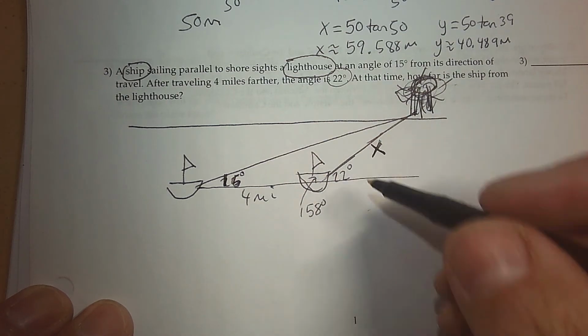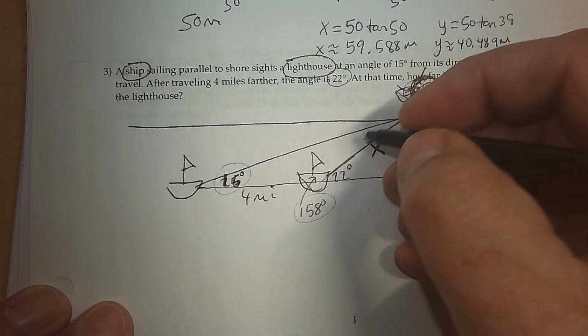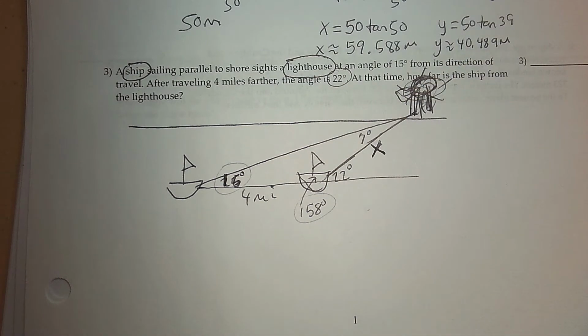And then 158 and 15, what do they add up to? Can I tell you a short way to get 7 degrees? This is a triangle property. Do you notice the angle here, 15, and this is called an external angle that's outside the triangle, is 22? What happens when you subtract them? That's the way it's always going to be, because these are supplementary, 180, so subtracting them is a quick way to get that angle. That's a property. Okay?